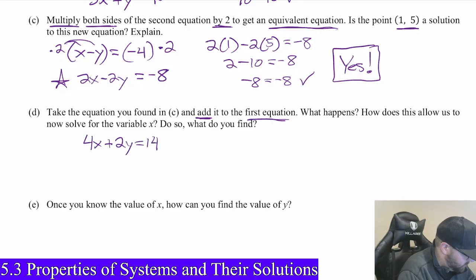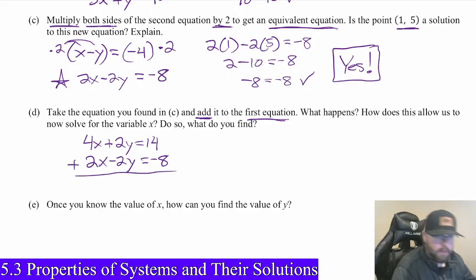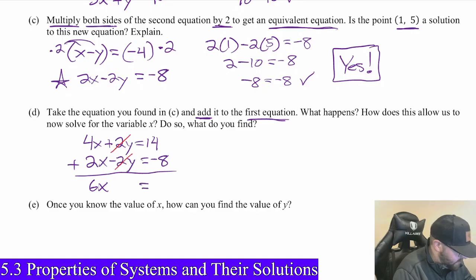And the new equation was 2x minus 2y equals negative 8. And we're going to add them together. We get 6x here, and 2y plus a negative 2y adds up to 0. So those are gone, and all we have left on the right-hand side of our equation is a positive 6.